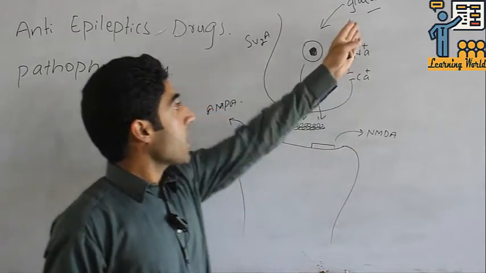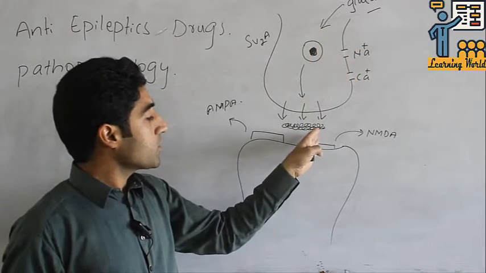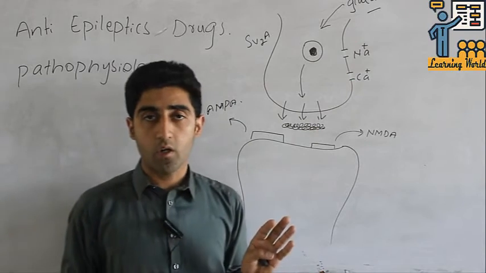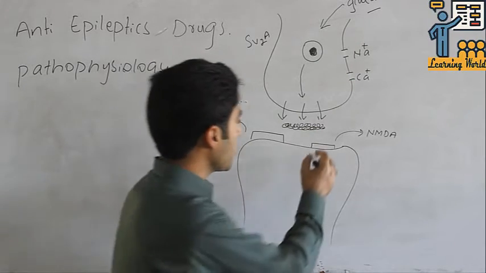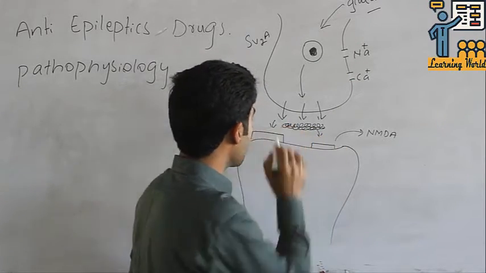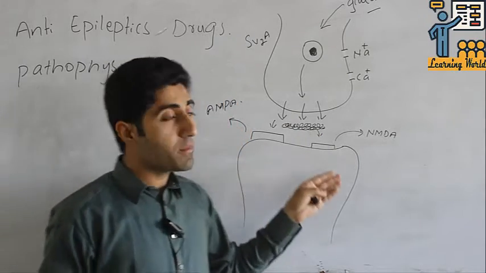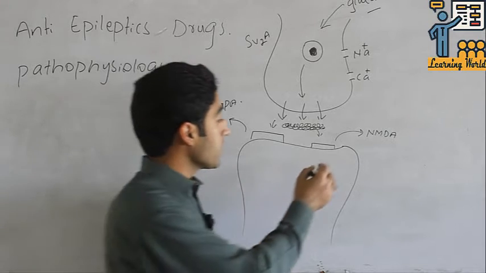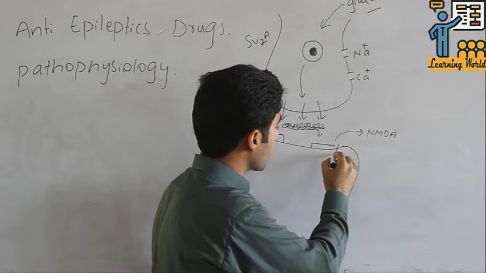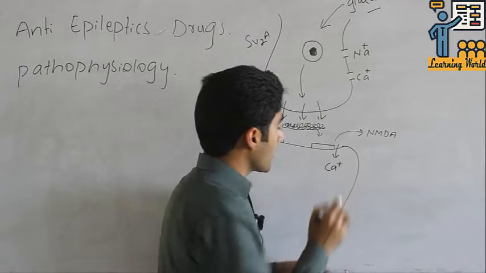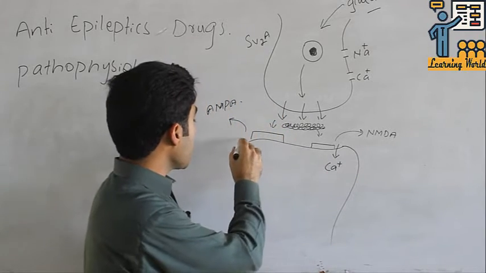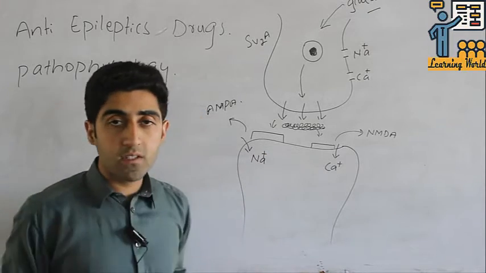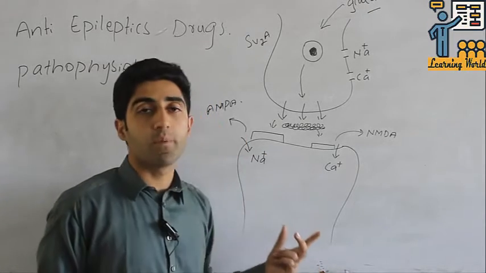When glutamate is released into the synaptic space, it attacks the NMDA and AMPA receptors. The NMDA receptor will increase the calcium ion concentration inside the postsynaptic membrane, and AMPA will bring sodium ions into the postsynaptic membrane.